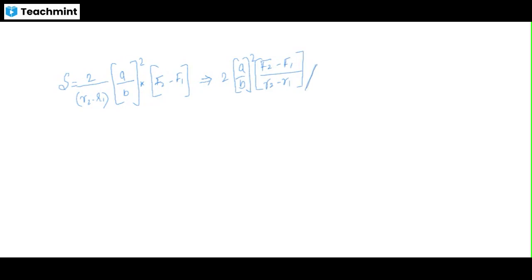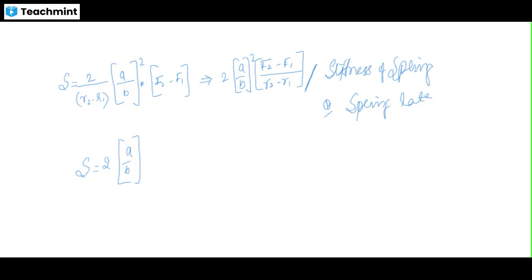This equation gives the stiffness of spring, or spring rate. Please remember this equation: stiffness of spring S equals (2A by B) whole square times (F2 minus F1) divided by (R2 minus R1).